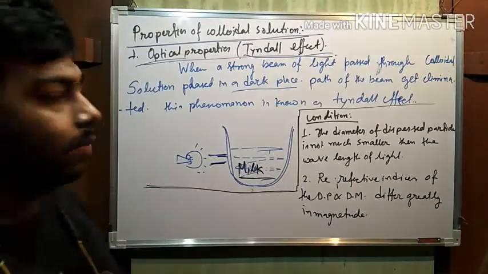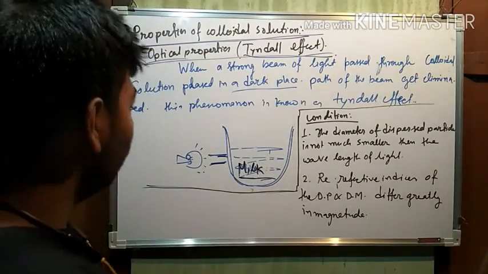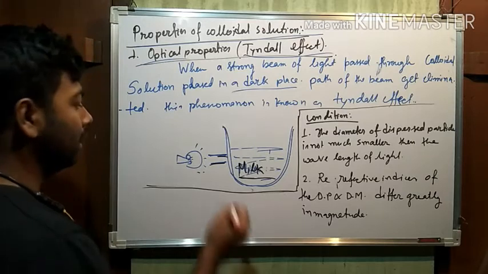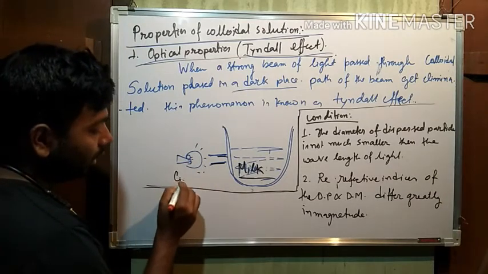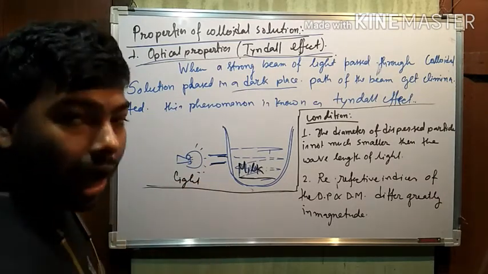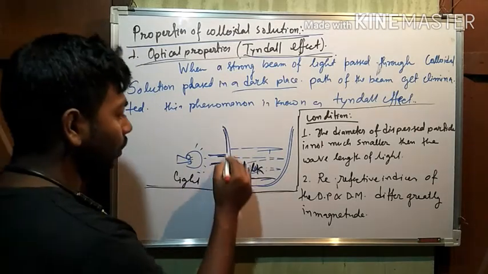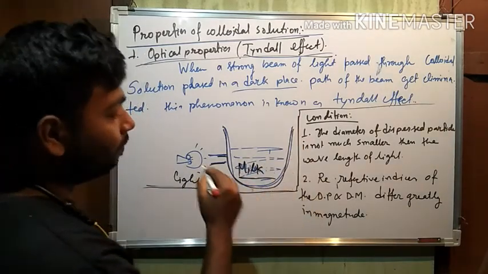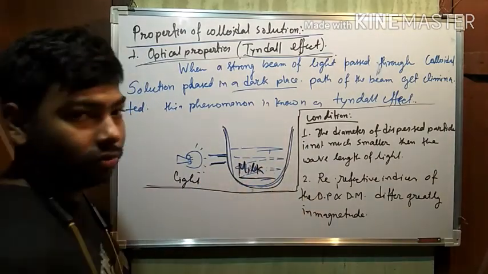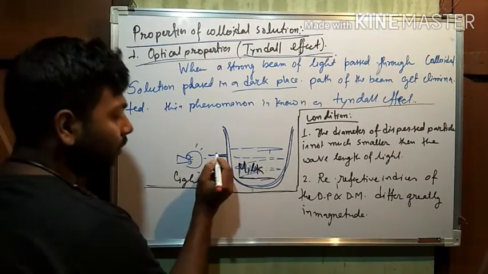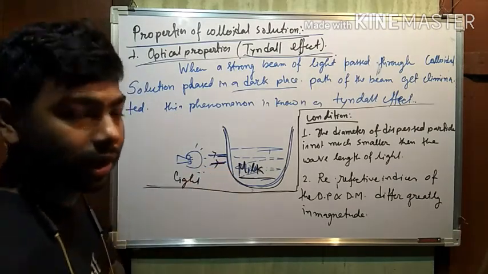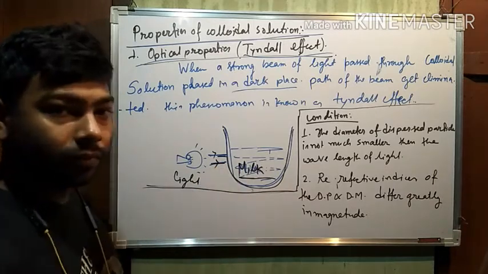Now see experimentally what happens when a light, suppose light with a high beam, is passing through a colloidal solution of milk. That means a simple milk solution. Okay, then suppose this is the light. Light is going in this way.